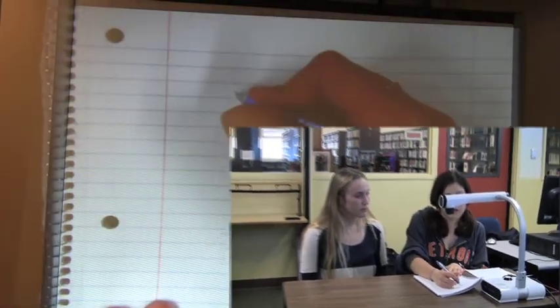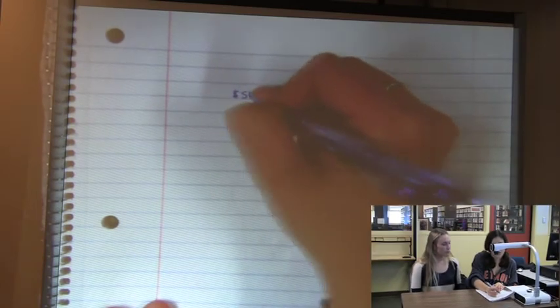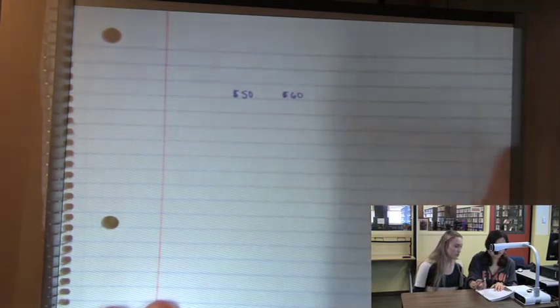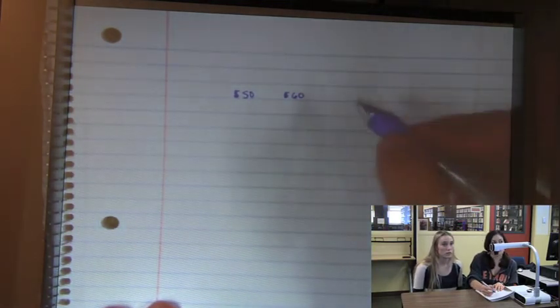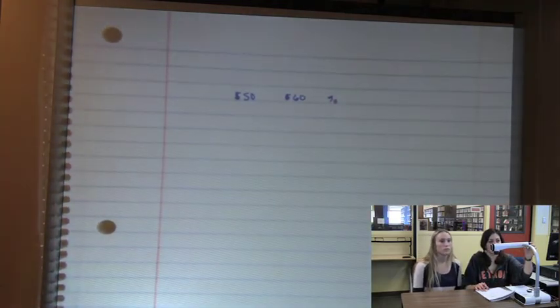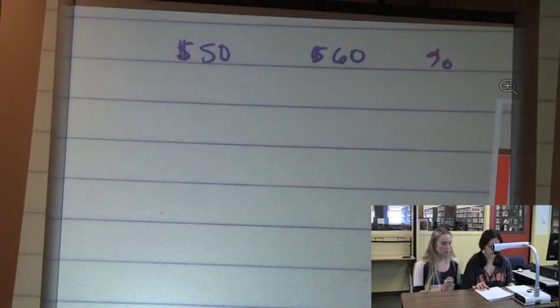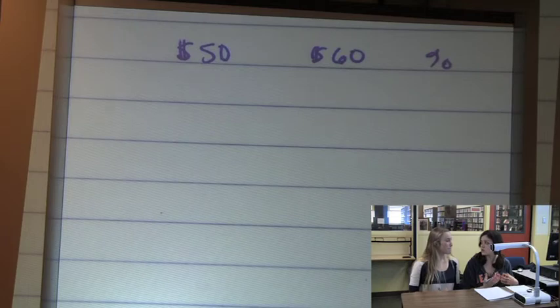So we have a $50 chair that was marked up to $60. We want to find what the percent increase was, so we are looking for the percent. We basically do the same thing that we did with the last problem, just in a different order.